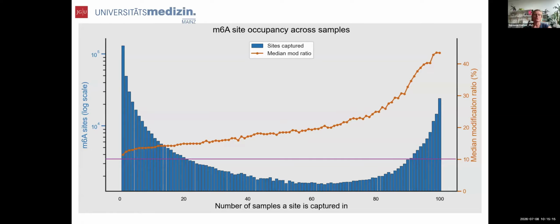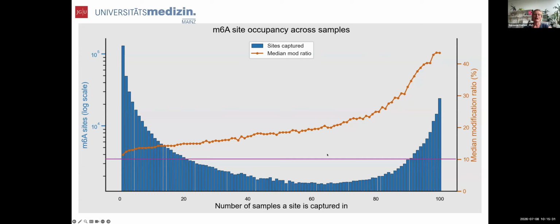So what we conclude here is that most likely these unique modifications that appear only once or twice can be false positives, and here we need to be very careful about trying to interpret some biology into this.